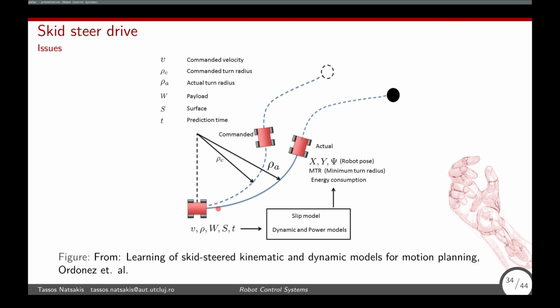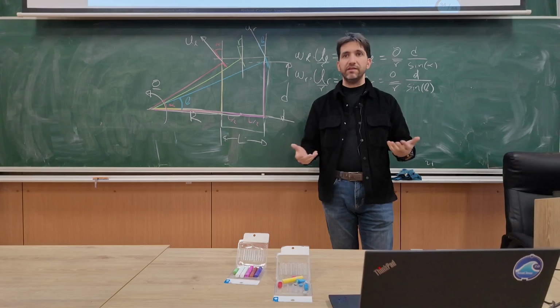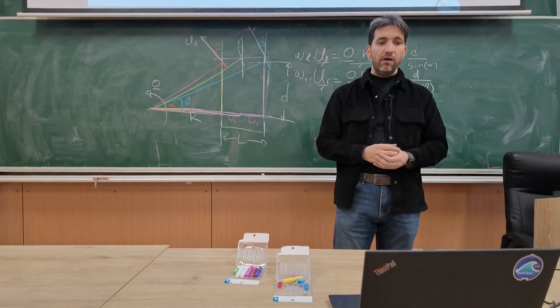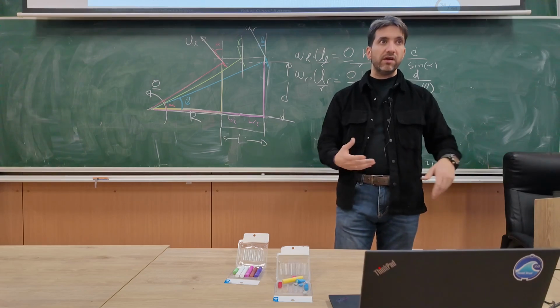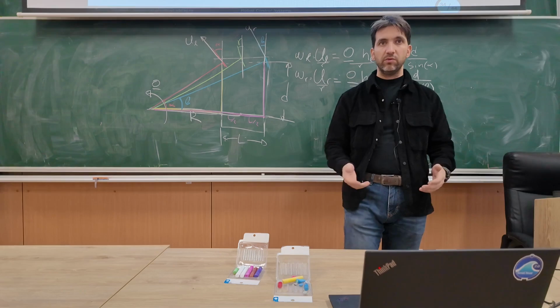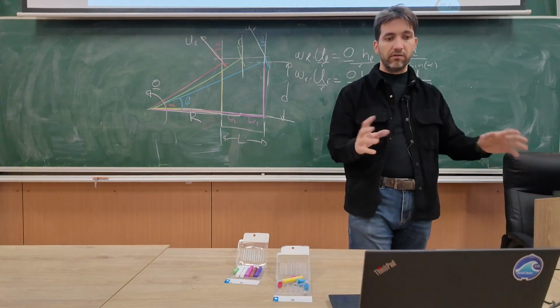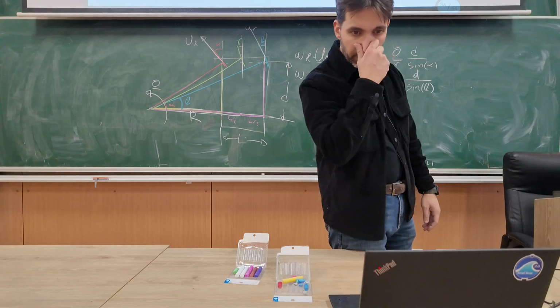This is what I'm commanding, let's say, but the actual thing will be something else. And the problem is that I cannot always predict what this something else will be, because I don't know exactly all the dynamics for slipping based on the wheels and the ground and the interaction between them and the center of mass and all this.